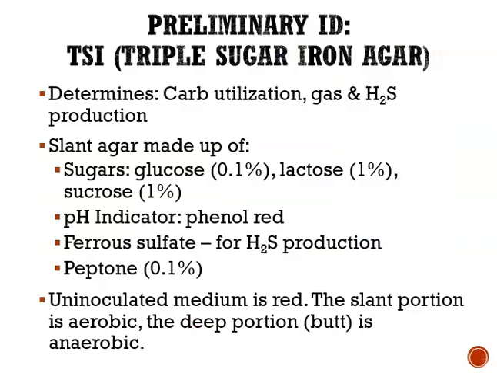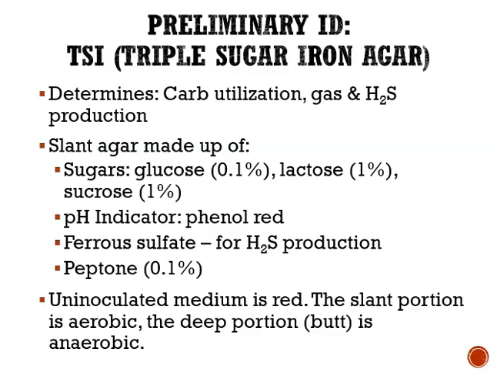So that 0.1% glucose added to the media is present in the butt. The lactose and the sucrose are present in the slant. Once we look at the results of this test, that's what helps us determine which sugar has been utilized.